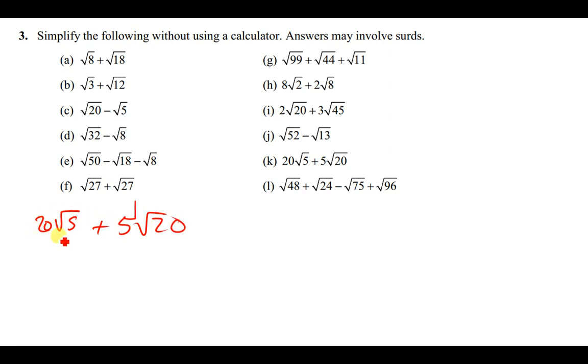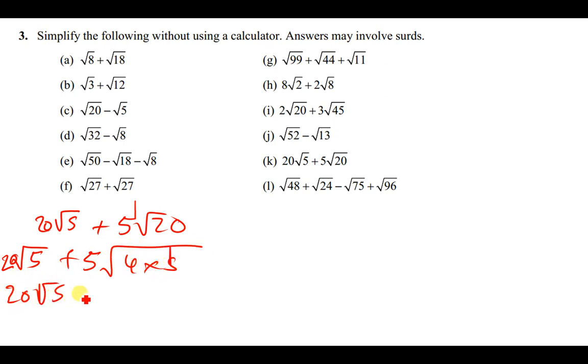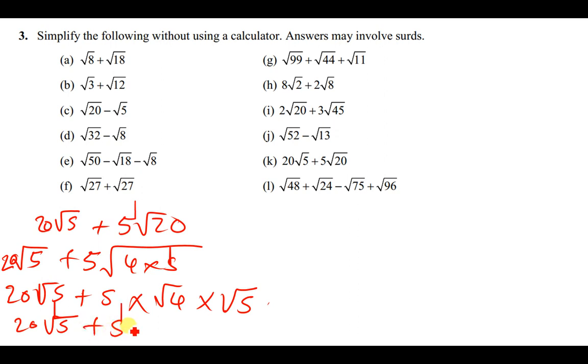So we're going to express root 20 in terms of root 5. So I have 20 this side, then root 5 plus 5. Root 20 can be written as root 4 times 5. So we have 20 root 5 plus 5 times root 4 times root 5.